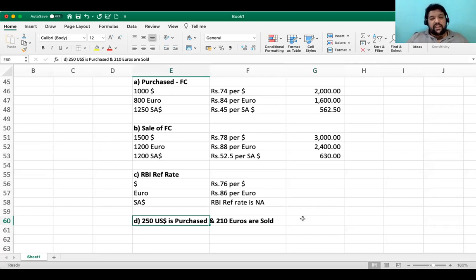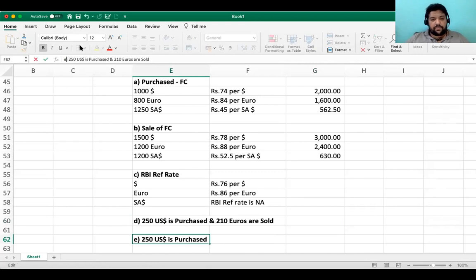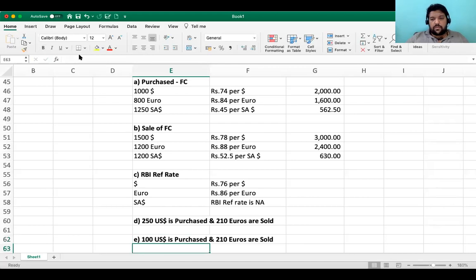If you confirm D, I'll give you an E situation so that the problem gets completed in all aspects. So for D, 180.6. I think it is the right answer. Karthik, can you check your answer?